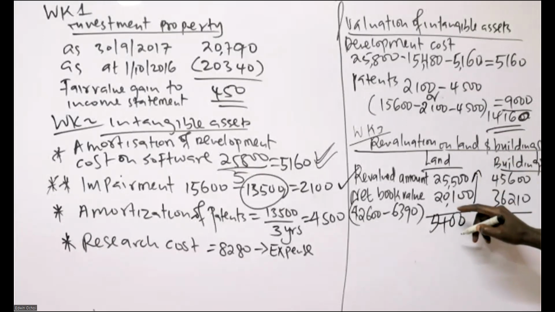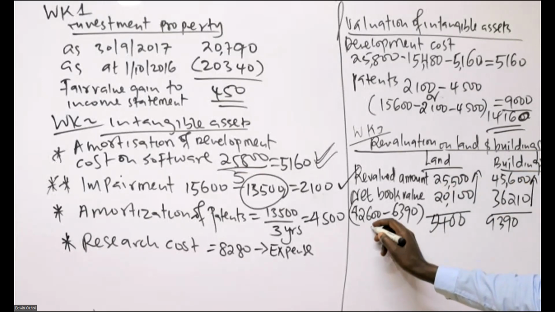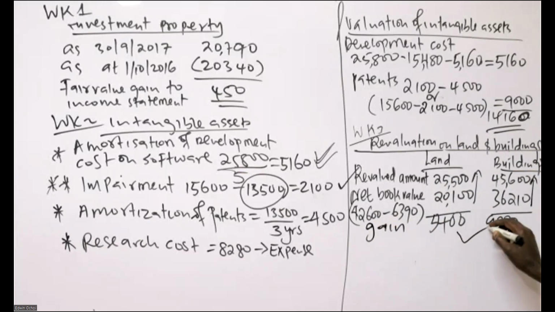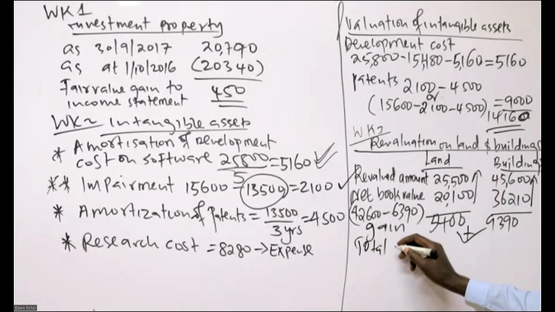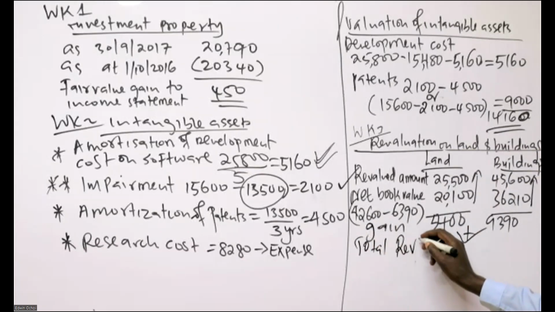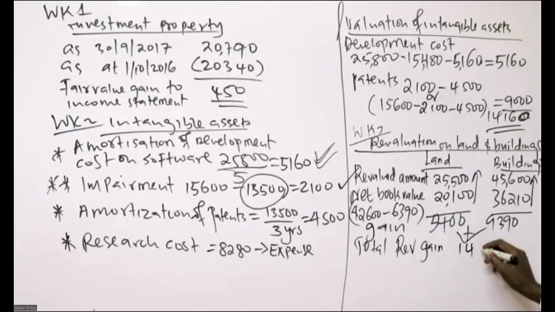All of these are gains. This one was revalued to 25,500 and this one to 45,600, so these are revaluation gains. If you add the two, the total revaluation gain is 14,790. Correct.